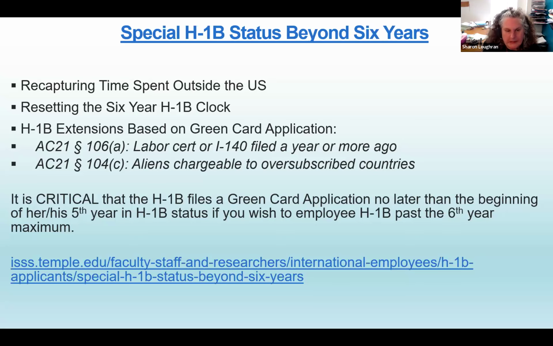So either way, we really recommend that someone in H-1B status starts the green card process in their 5th year if they want to stay here. Because if you're filing stuff in your 6th year, it's getting dicey and you may have to go off employment and leave the United States. Next.